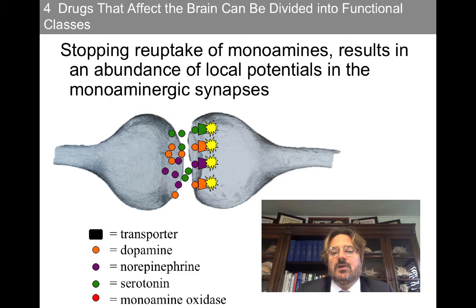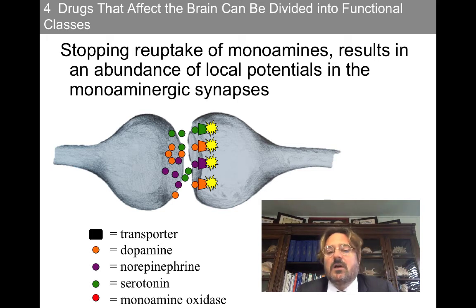Now, contrary to initial conceptions of depression, we've learned that depression's not just about serotonin levels. It's also about dopamine levels. It's also about norepinephrine levels. Dopamine's really important, for instance, for motor functioning. And as you're probably aware, one of the symptoms of depression is psychomotor retardation. And that's probably related to dopamine levels.